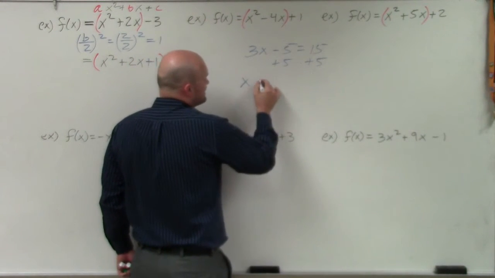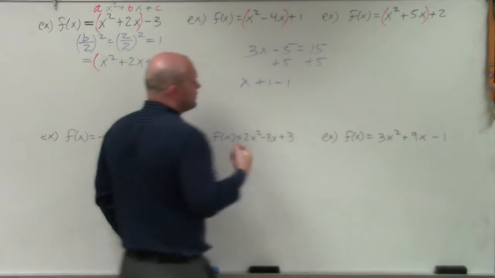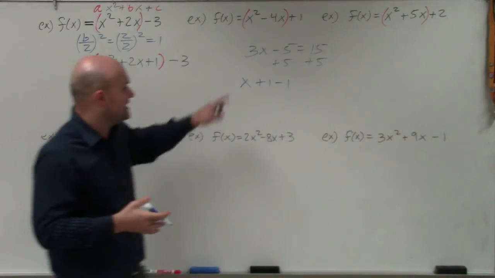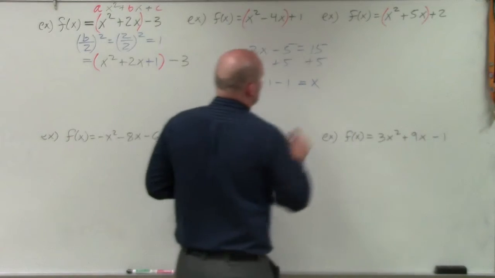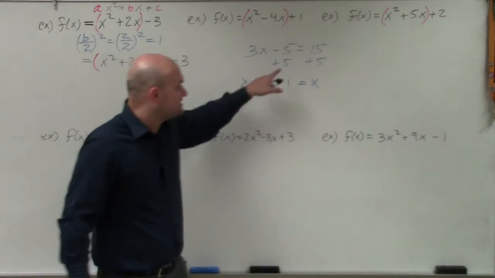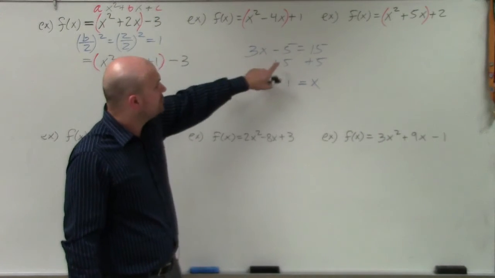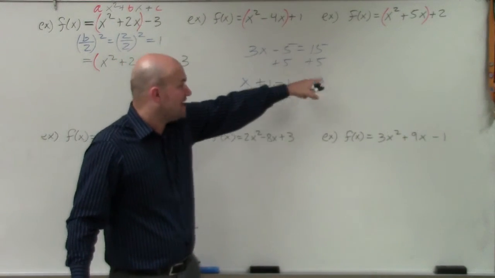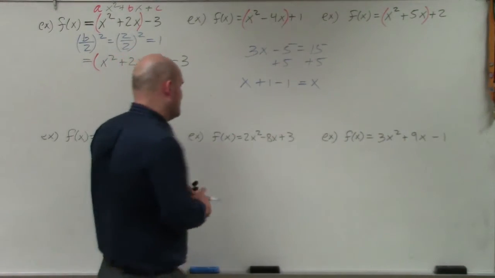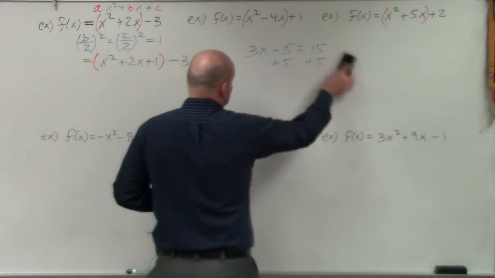If I have x and I add 1, subtract 1, those are really undoing each other, right? That is still equivalent to x. So as long as I add and subtract the same number, I'm still going to have the same values. Or you can do the same operation to both sides, and you'll have equivalent expressions or equations.